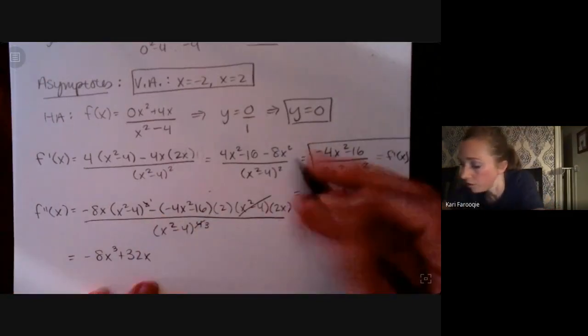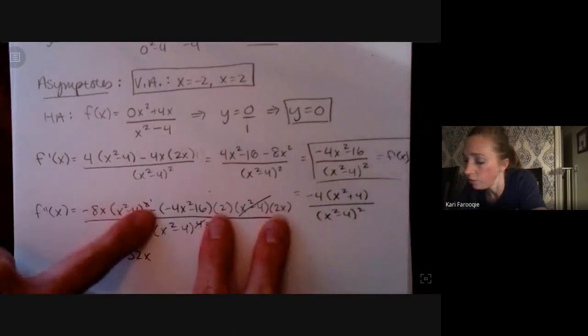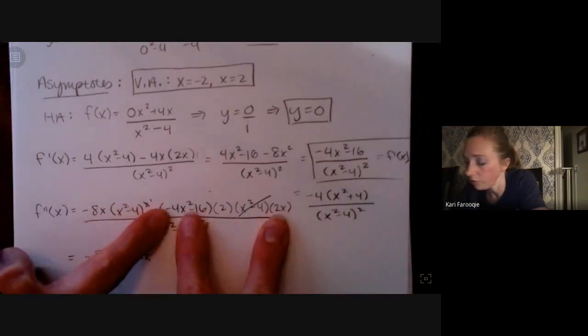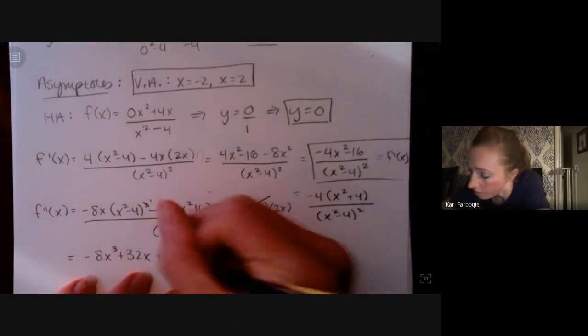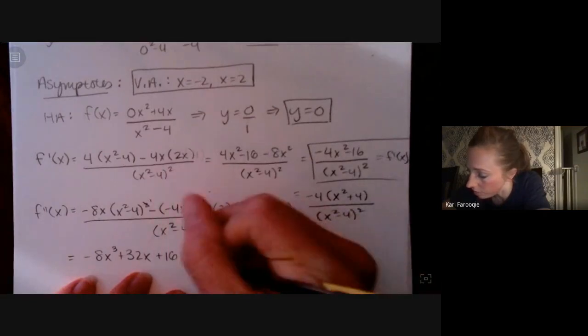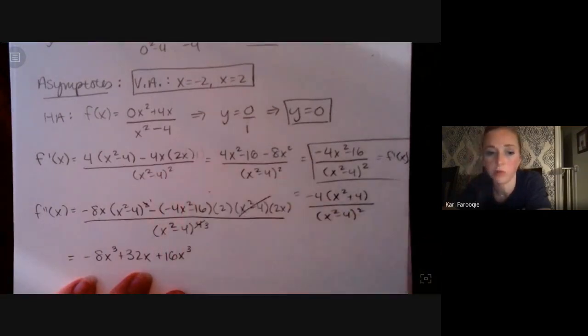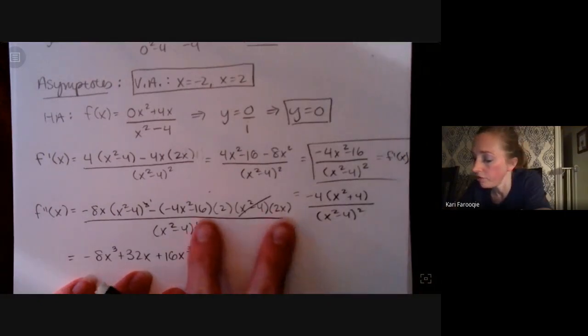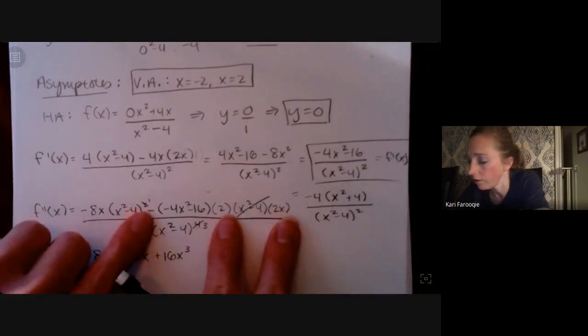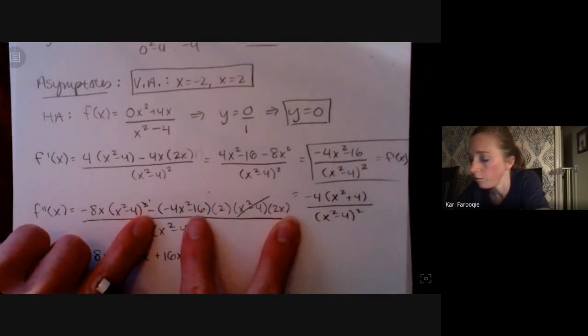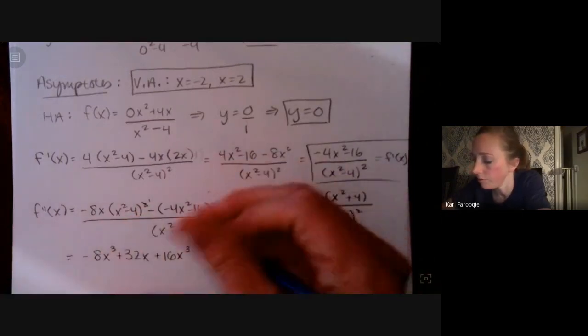So this is going to be negative 4x times negative 4x squared, which is going to be positive 16x cubed. And then you're taking that same negative 4x and multiplying it by positive 16.